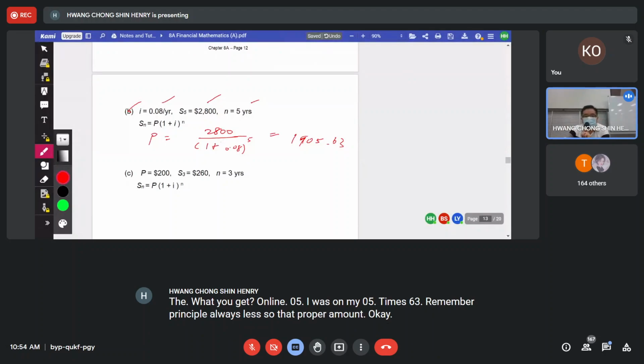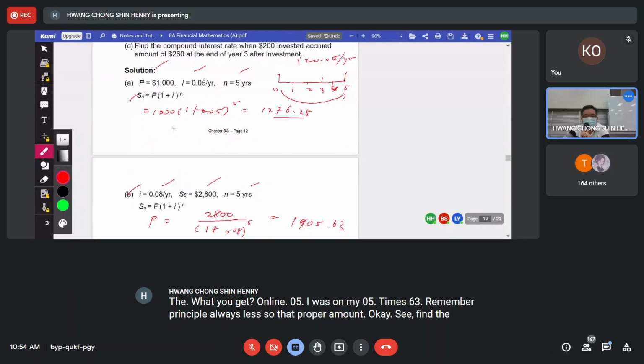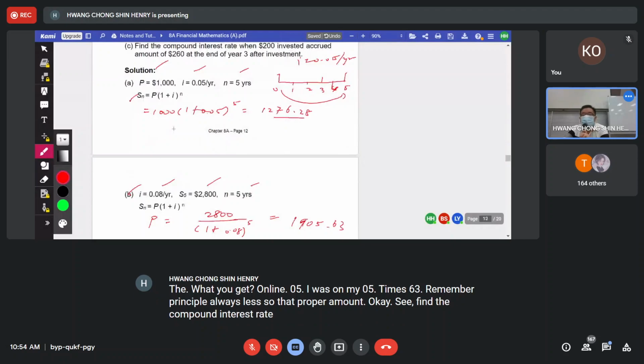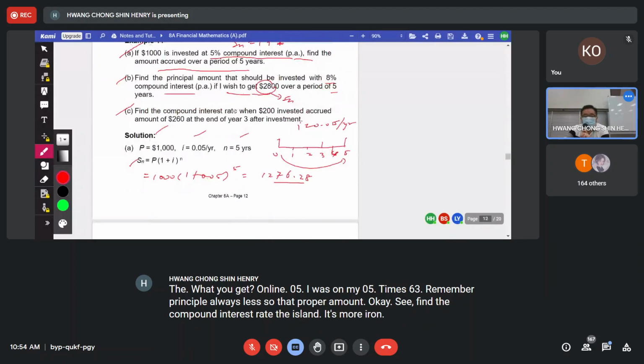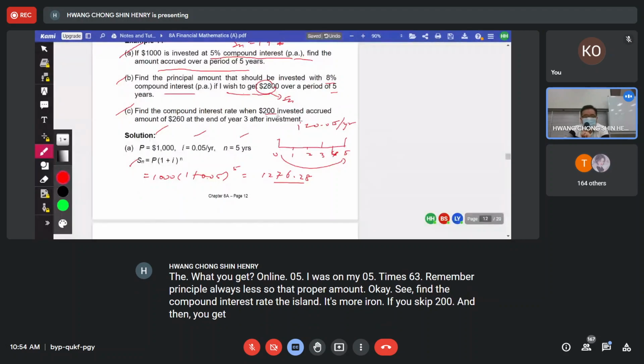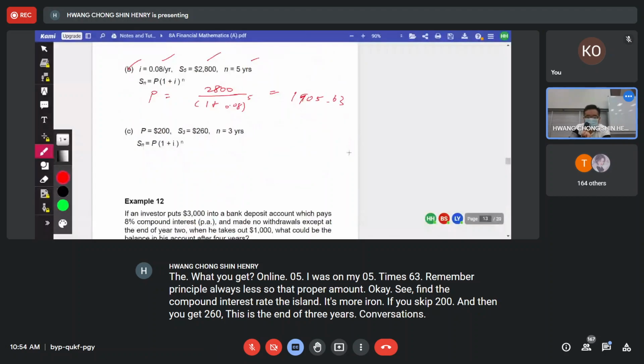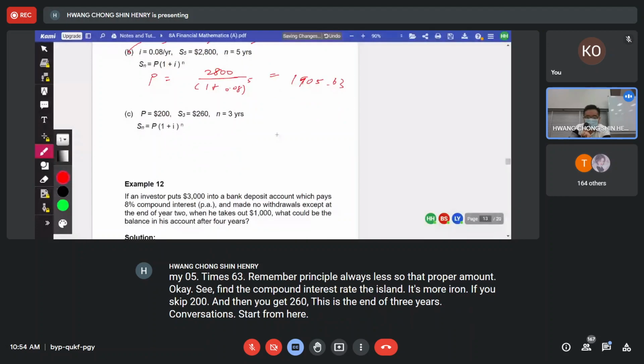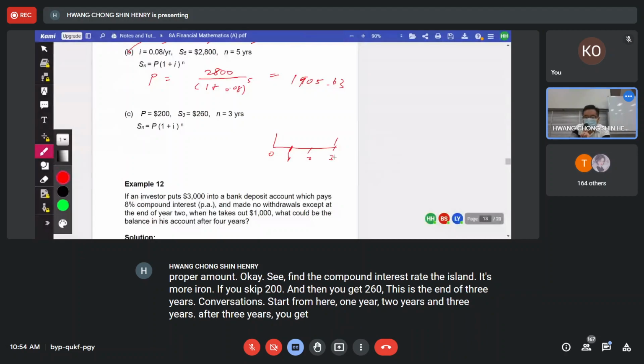Okay, part C. Find the compound interest rate, the small I. You start with 200, and then you get 260, accrued at the end of 3 years. If I draw the line chart, starting from here, 1 year, 2 years, and 3 years, after 3 years you get 260 but you start with 200.